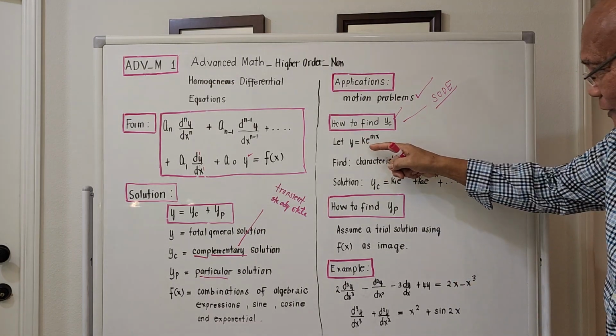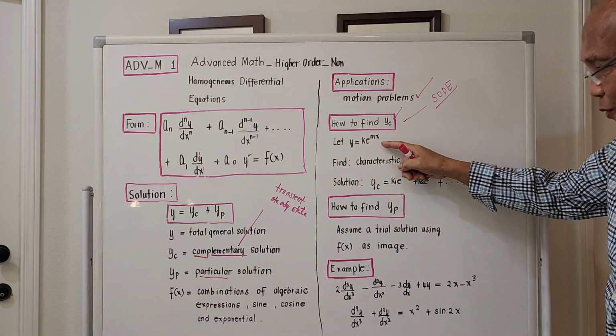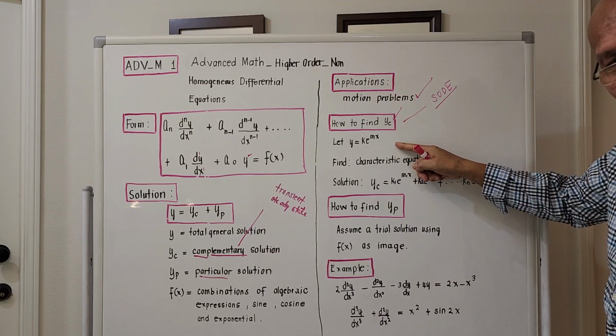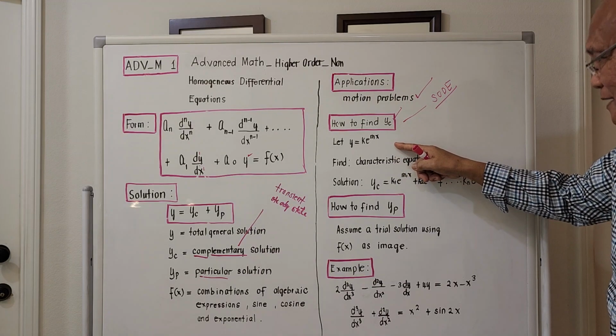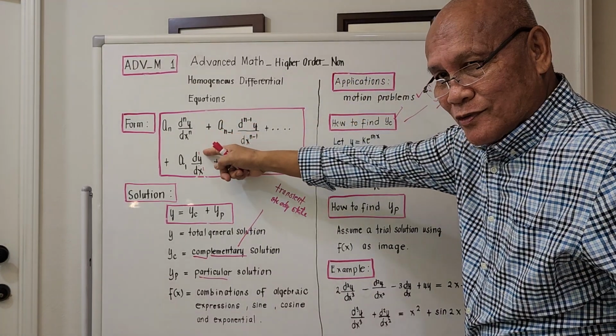We let y equal to k e raised to mx. Then try to solve for dy dx. Solve for the second derivative. If there is a third derivative, take the third derivative, put it on the original differential equation.